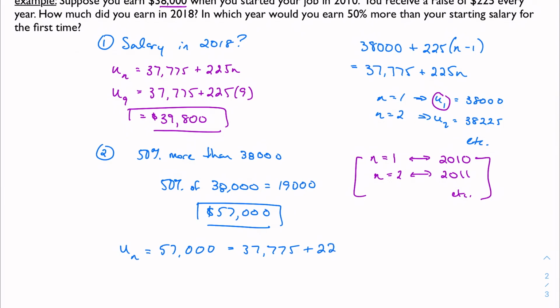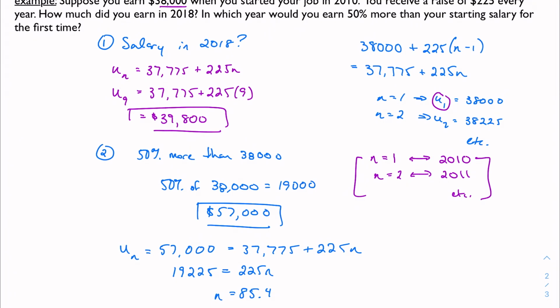Well, we can apply our general formula. And once again, it's just a matter of plug in and solve. So 57,000, I'm going to subtract 37,775. 19,225 equals 225n. So we're going to divide. And I get n equals 85.4, which means we're not going to round this down to 85.